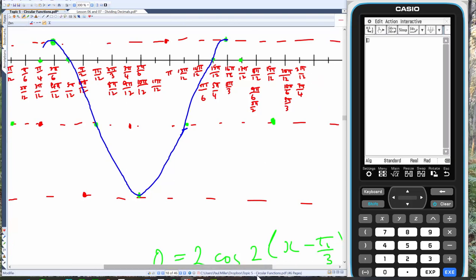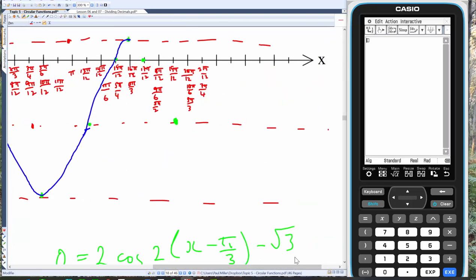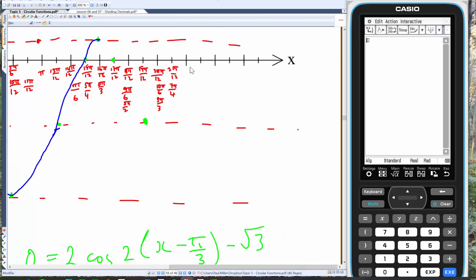Almost there, almost there. This is 22 pi on 12, or 11 pi on 6, 23 pi on 12, and yay, we've made it to 2 pi. Okay, so 16, 17, 18, 19, there's a point there.